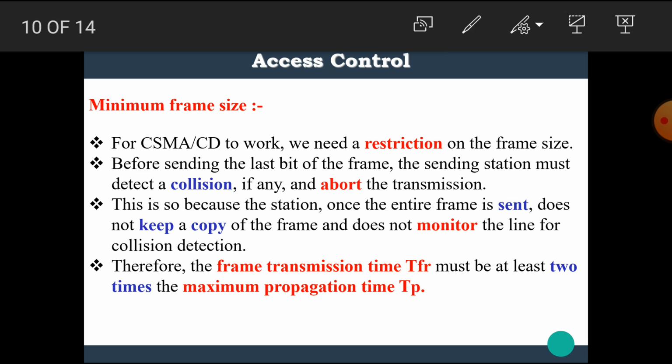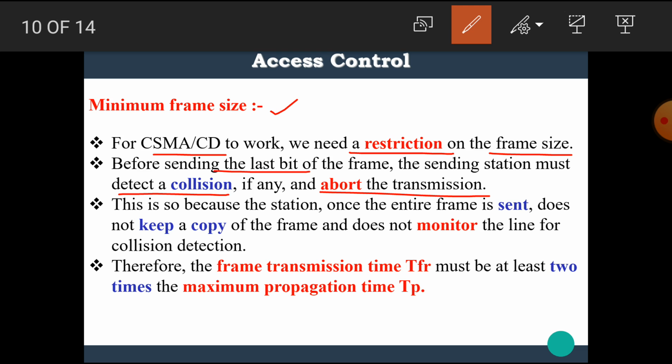Now here comes the important idea, minimum frame size. For CSMA/CD to work, we need a restriction on the frame size. Before sending the last bit of the frame, the sending station must detect a collision, if any, and abort the transmission.